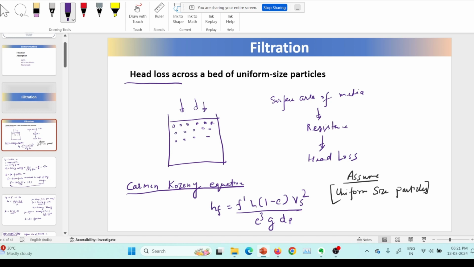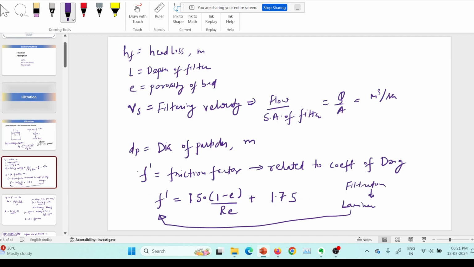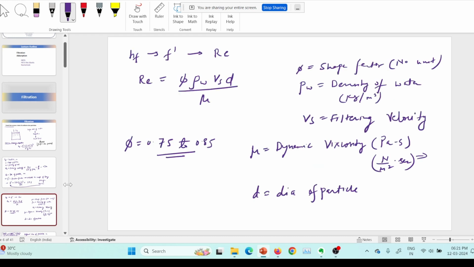This is given by f' L (1 minus e) times filtering velocity squared divided by e cubed g dp. In that, f' is the friction factor. The friction factor formula is this, and in it Re will come. Re is the Reynolds number. The Reynolds number formula is given here.